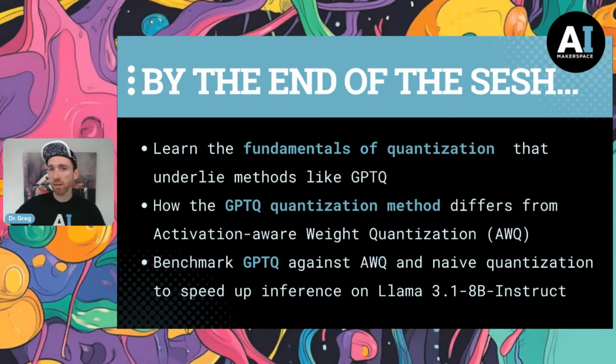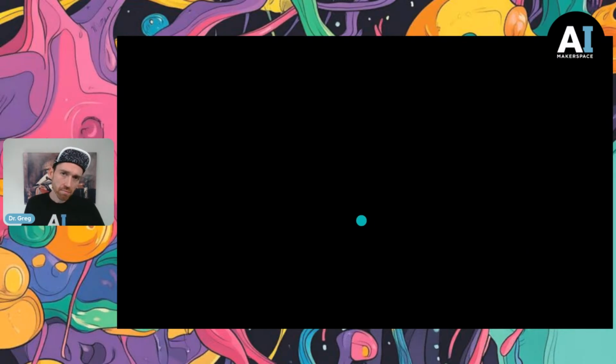Then we're going to talk about how GPTQ compares to and served as a precursor for AWQ. We're going to do some benchmarking and show you how to use each one. And we'll answer the question: should we be pulling a tool like GPTQ off the shelf today? If not, why not? And what should we be using in its place?